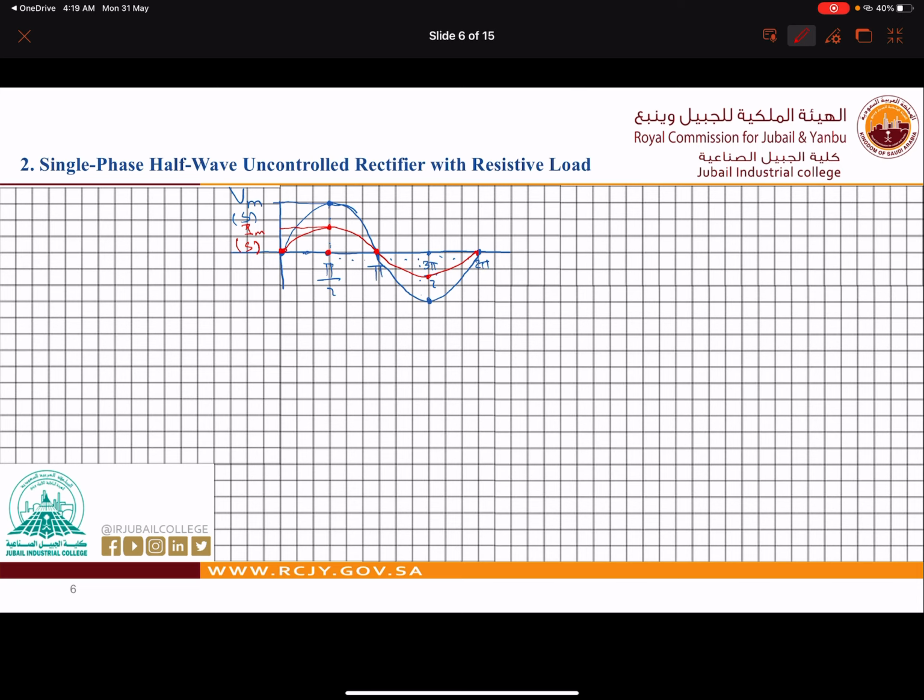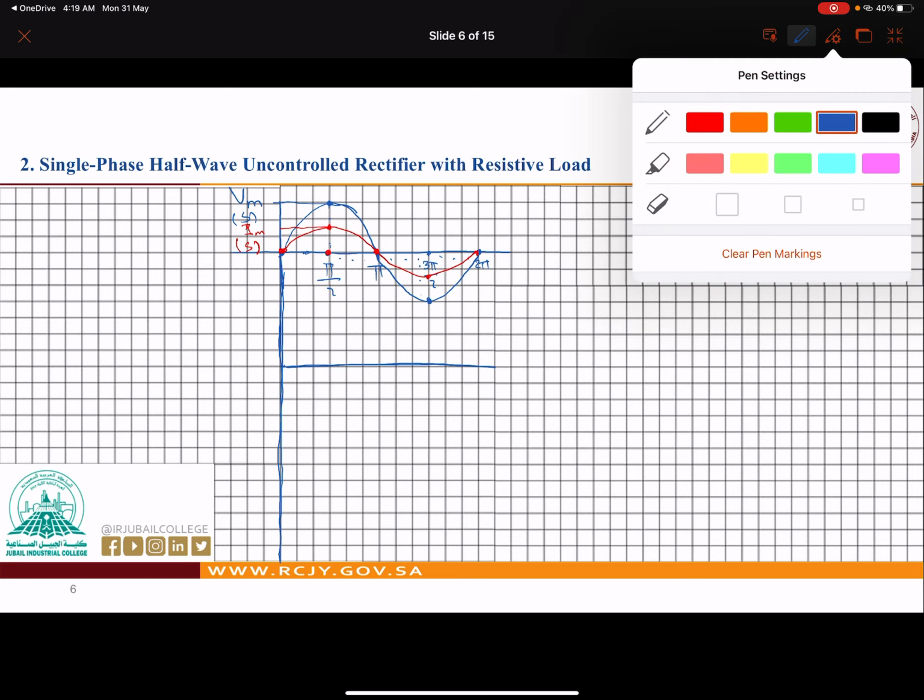Now I want you to draw the output voltage for the half wave rectifier, the uncontrolled rectifier. We can say that it will be the same as the positive cycle of the supply voltage, right?